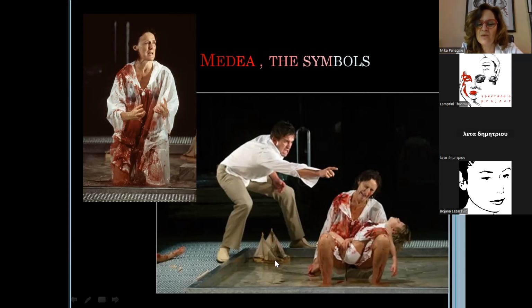So here we have 2 little boats. We have 2 boats, very elementary. It's a child's play. It's like a very old child's play. And it reminds us that we have 2 children here.